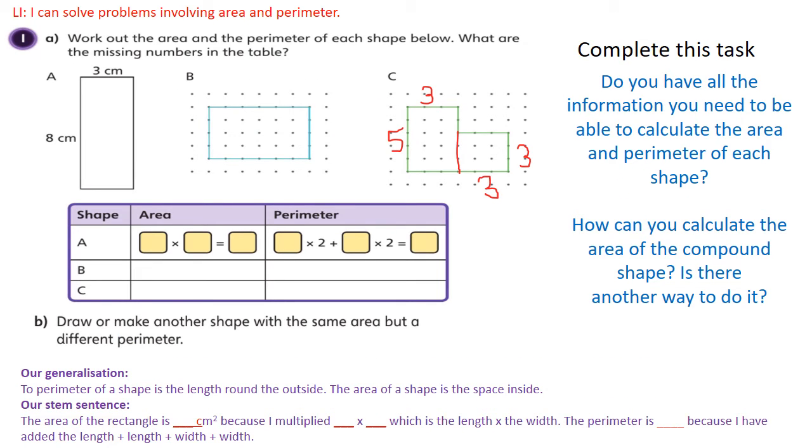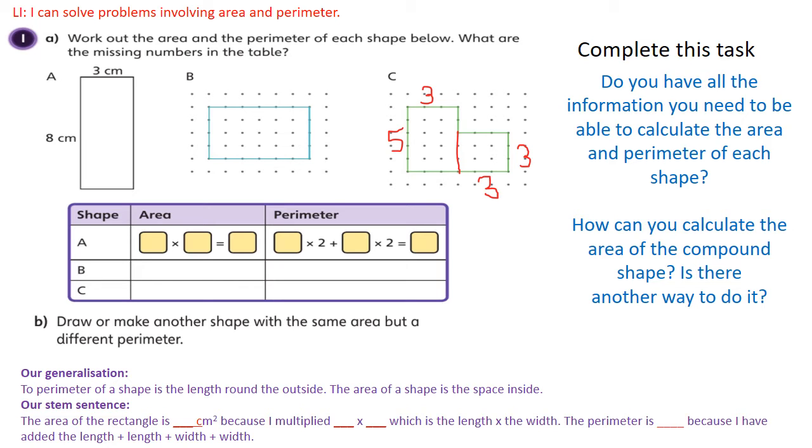Let's look at this one here. This is asking us to work out the area and perimeter of each shape. What are the missing numbers in the table? So I'm going to want you to draw out the table. In A, finding the area is quite straightforward, isn't it? We know that we do the length times the width, so that's 8 times 3.